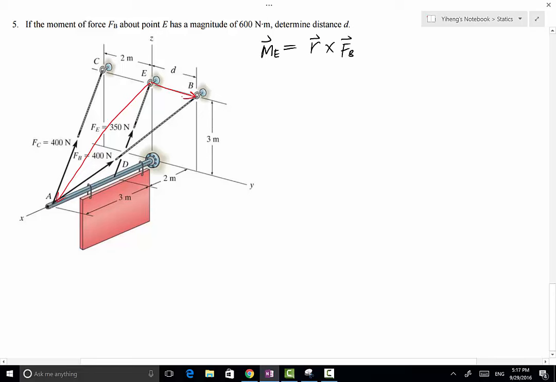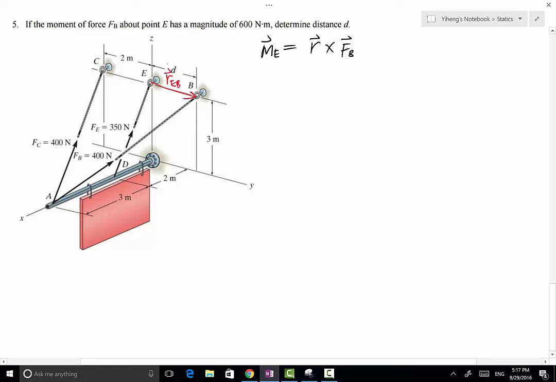Obviously, there are unlimited numbers of position vectors we can write, but they are not going to be convenient for us. Comparing these two, EB obviously is simpler than EA. So we're going to choose EB as our position vector.